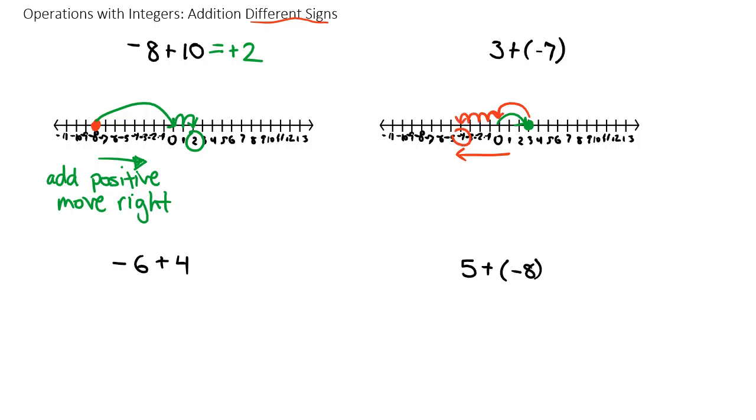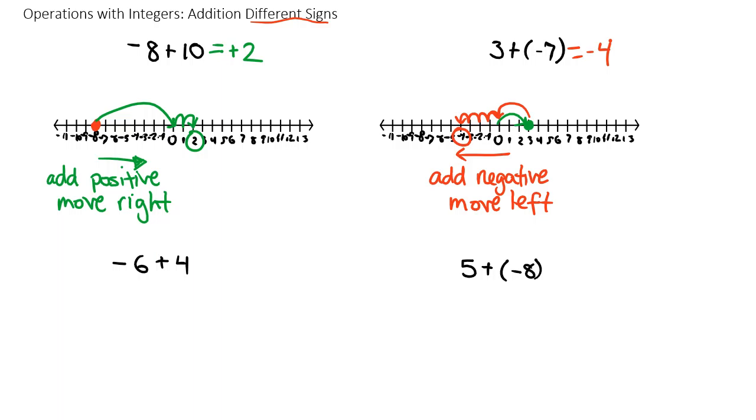And so we end at -4. And so when you are adding a negative, you need to move left. So this equals -4.